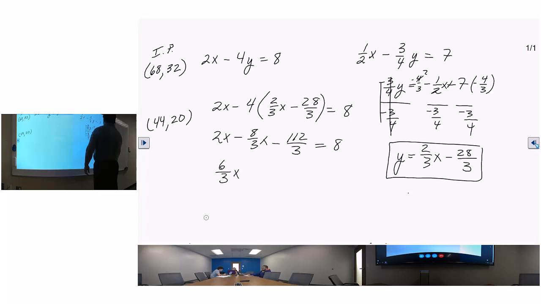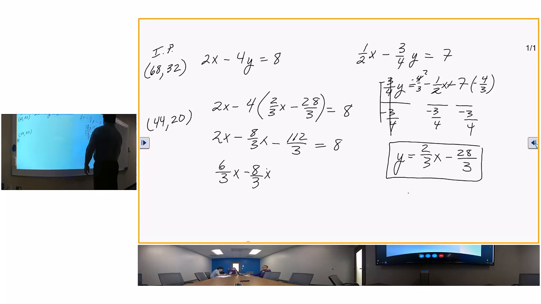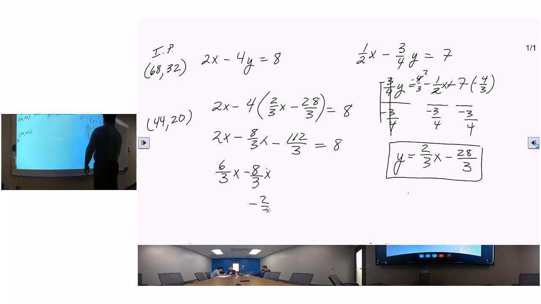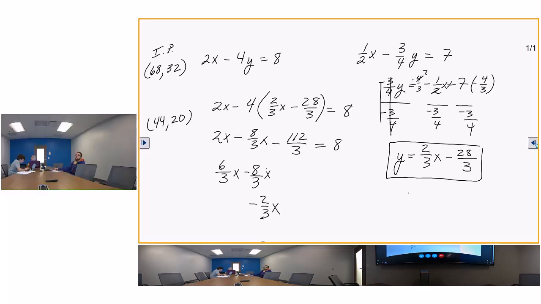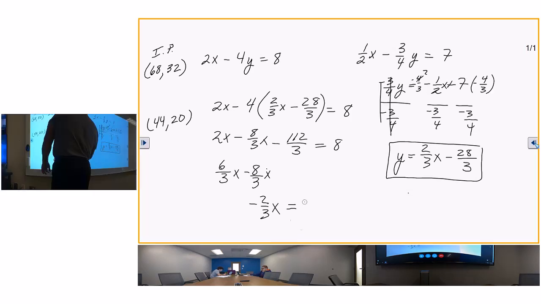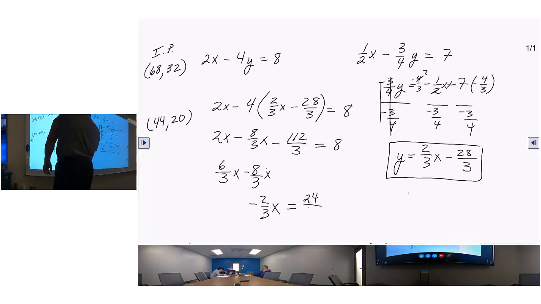6/3 x minus 8/3 x, that's negative 2/3 x, equals, and then 112, 8, let's see, is 8 is 24 over 3, right? 24 over 3 plus 112 over 3.